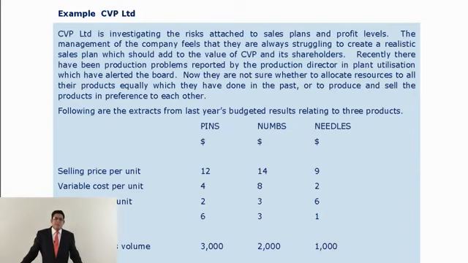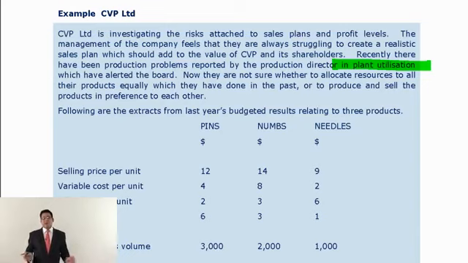Recently, the production director reported problems in plant utilization, which have alerted the board. Now they are not sure whether to allocate resources to all their products equally, as they have done in the past, or to produce and sell products in preference to each other.